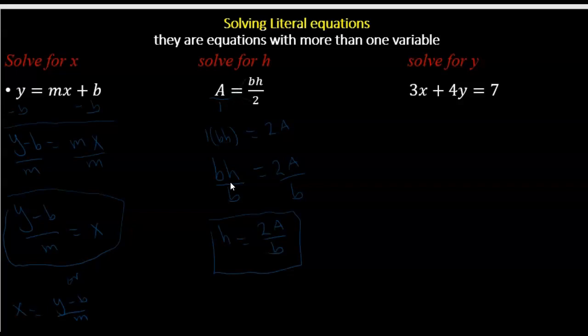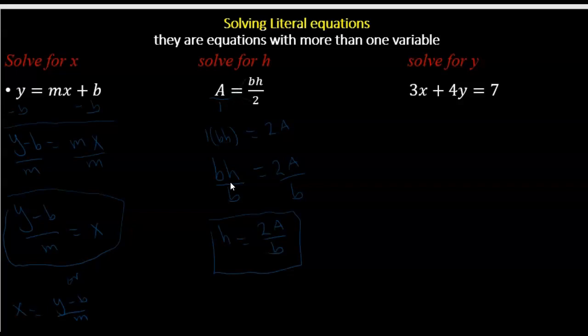Example 3. 3x plus 4y equals 7. In this example, we have two variables, x and y. However, since they're asking us to solve for y, we're only going to treat y as a variable, and we're going to treat x as a number.